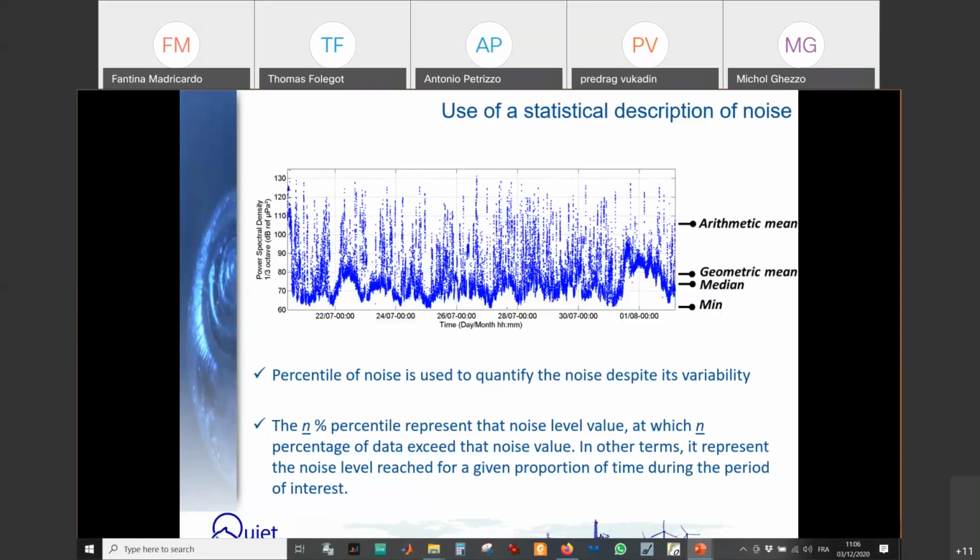Yes, it's very important and not an easy question. Because if I want to hide something, I will use one percentile. If I want to stress something, I will use another percentile. So I can play, and I can make my reference level very high and say, okay, all species or habitats are naturally living at such high levels, and we have nothing to worry about.